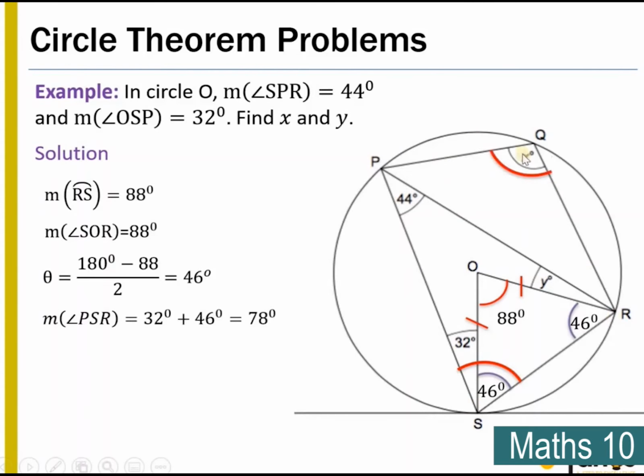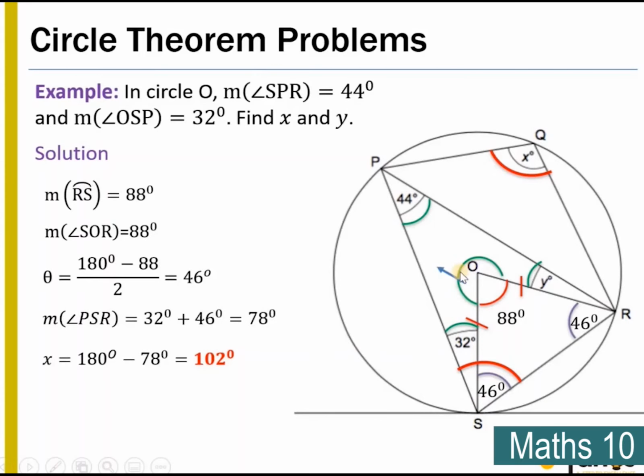This is a cyclic quadrilateral because all four vertices are on the circumference of the circle. In a cyclic quadrilateral, opposite angles add up to 180 degrees. So X is 180 minus 78, which is 102 degrees. We also have another quadrilateral here. It's not a cyclic quadrilateral, but we can still use the fact that angles inside a quadrilateral add up to 360 degrees.